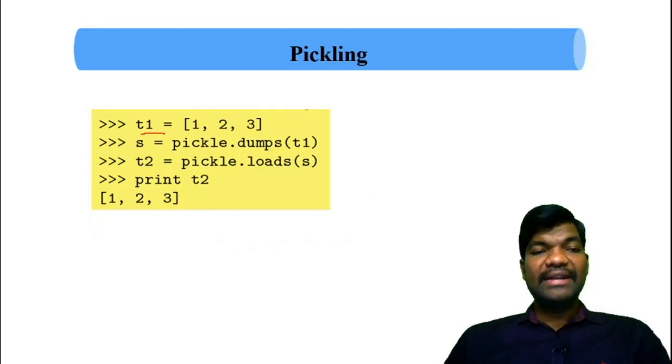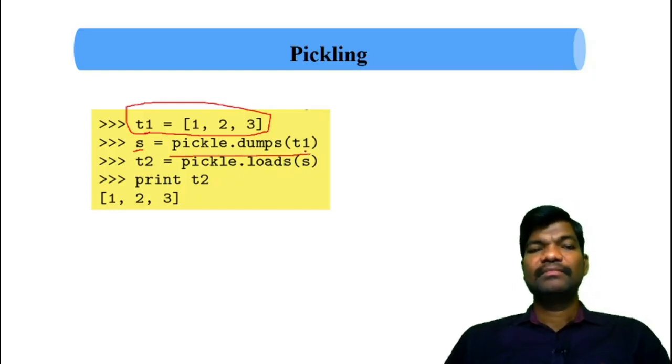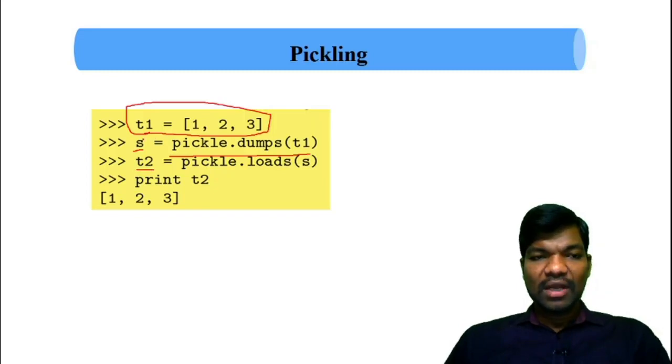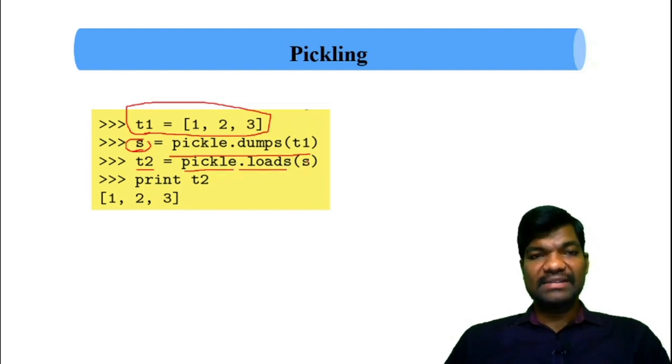Next, take t1 as [1, 2, 3]. Convert this list into a string: s equal to pickle.dumps of t1. Then you are loading this string into t2, that means t2 equal to pickle.loads of s. Now what is t2?